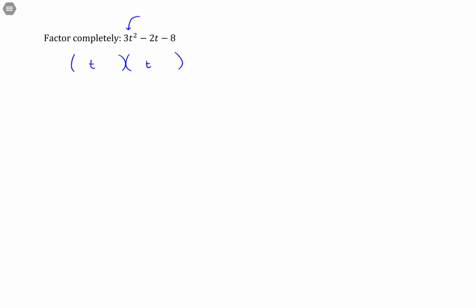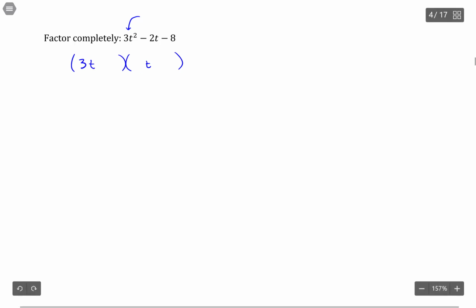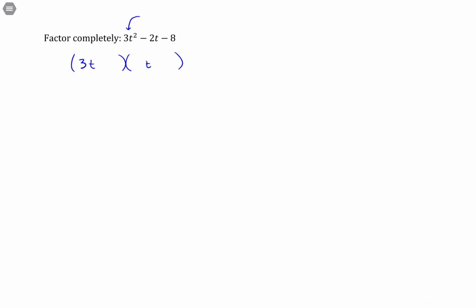So let me erase them, and let's just guess at what those constants would be. Well, the first two constants, two things that multiply together to give me 3, those are pretty easy because 3 and 1 are really the only possibilities. And of course I don't need to write in the 1, it's just understood. So then 8. 8 has a few factors. 8 could be 1 and 8, 2 and 4. It's not divisible by 3, and then when we get to 4, we're back to this factor, so we're done.